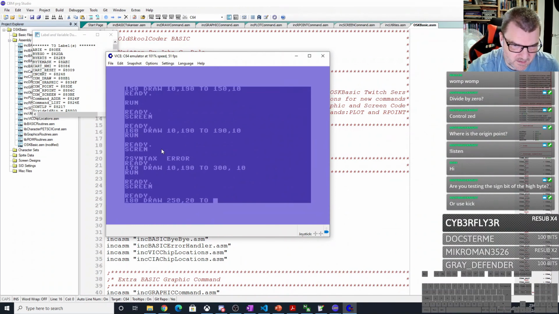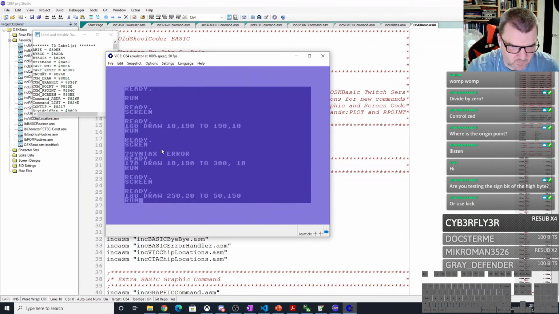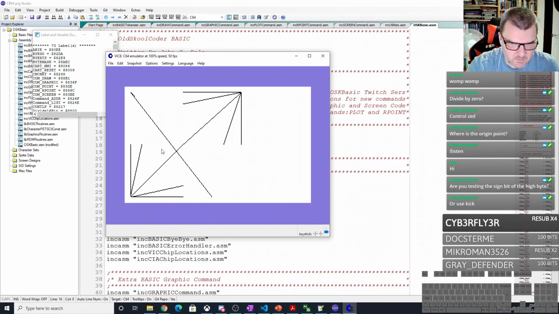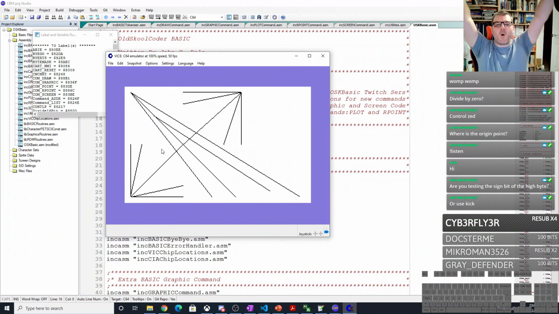So we'll make x 50, comma y 150. Right, run. Yes! That's it. That's all 4 scenarios. That's all 4 combinations.